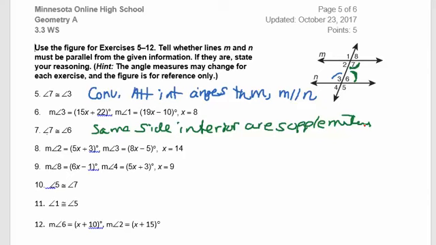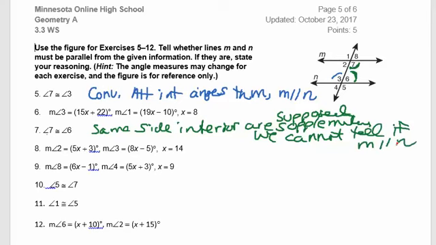They're saying that they're equal to each other. They're supposed to be supplementary in order to be able to use the converse of the same side interior angles theorem. So we cannot tell from the information they give us if M is parallel to N. There's not enough information. The theorem is that they need to be supplementary, and they didn't tell us that. So that one doesn't have enough information.